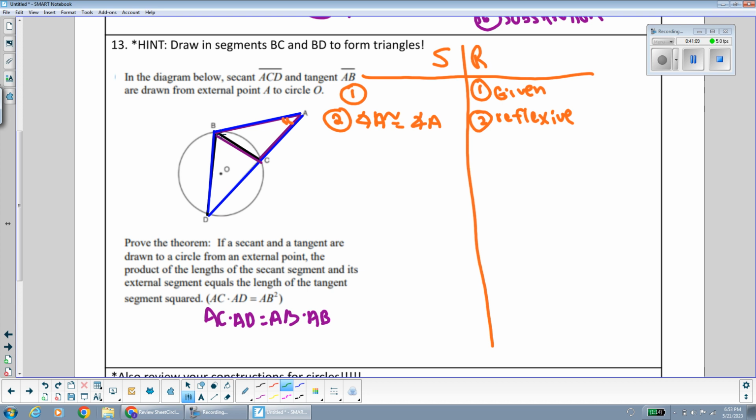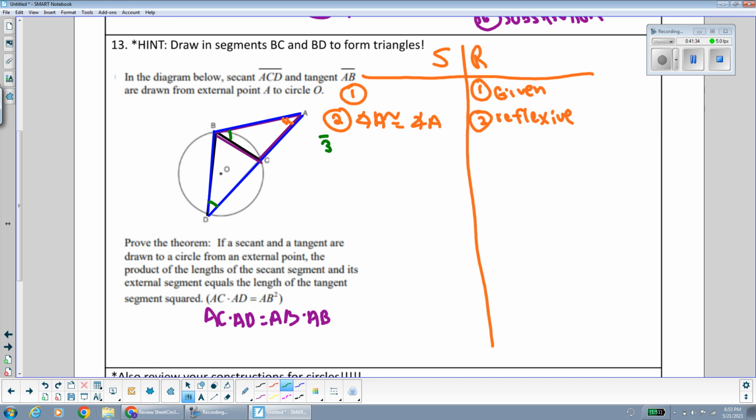It looks like an inscribed angle. Its vertex is on the circle. So it's half of arc BC. And if I take a look at the big blue triangle, I see this angle is an inscribed angle that also intercepts arc BC. So since these are both half of the same intercepted arc BC, they have to be congruent to each other. And that's our second pair of angles.